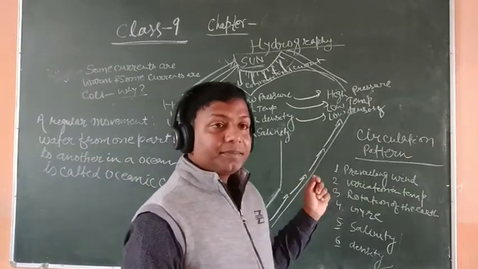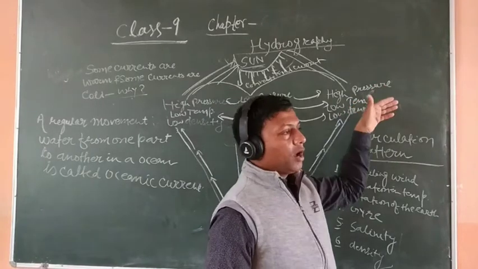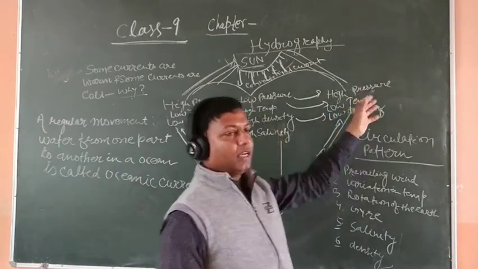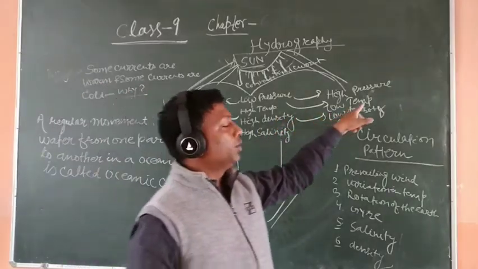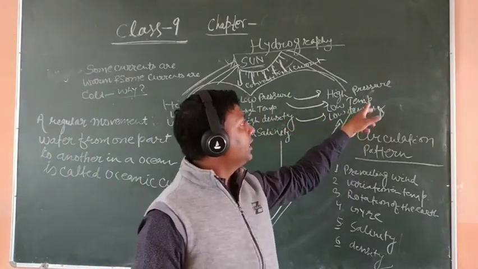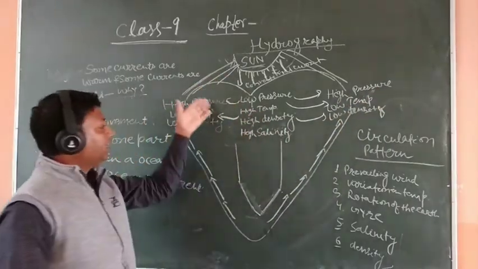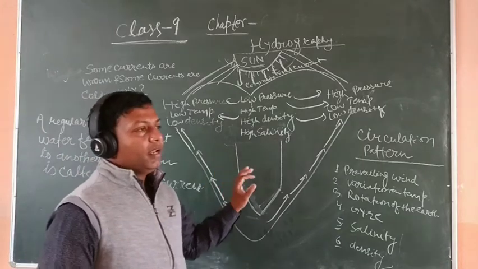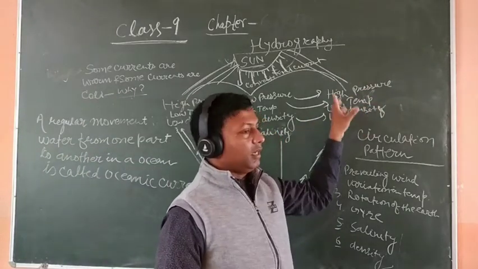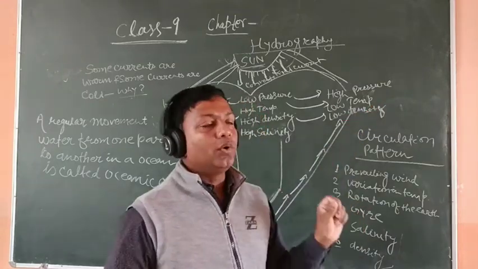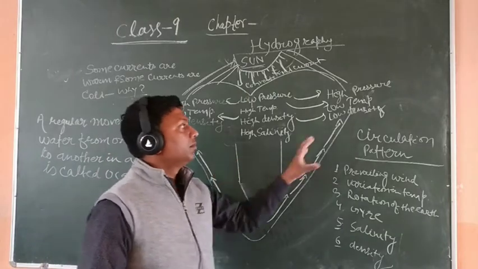Again, look at the part above the Tropic of Cancer and Capricorn, that is the frigid zone, where there is high pressure and low temperature. Where there is high pressure, there is low temperature. Due to the impact of sunlight, the oceanic water here is cold.